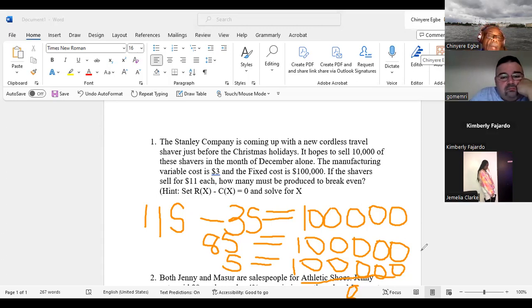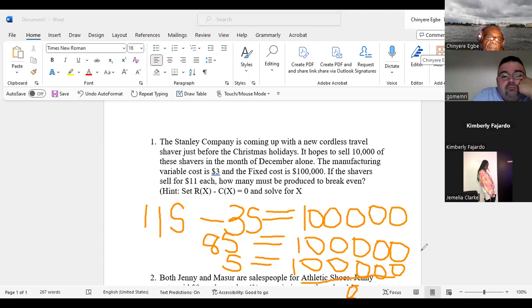One, how much must you sell? What should be your selling price? You can decide that you will not be able to sell 12,500 shavers. You will not be able to do that. So you might have to reduce your price from 11 to maybe 8.